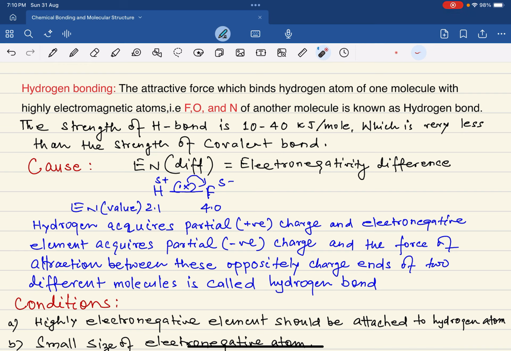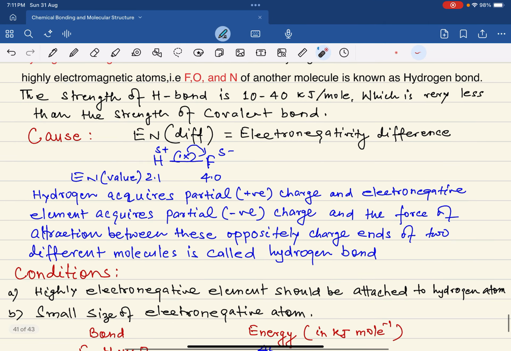And the most important question is, what is the cause of hydrogen bond? Why does hydrogen bond arise? Because of electronegativity difference. Electronegativity of fluorine is 4 and hydrogen is 2.1. So in case of HF, the bonded pair of electrons is shifted towards fluorine because fluorine is the most electronegative element.